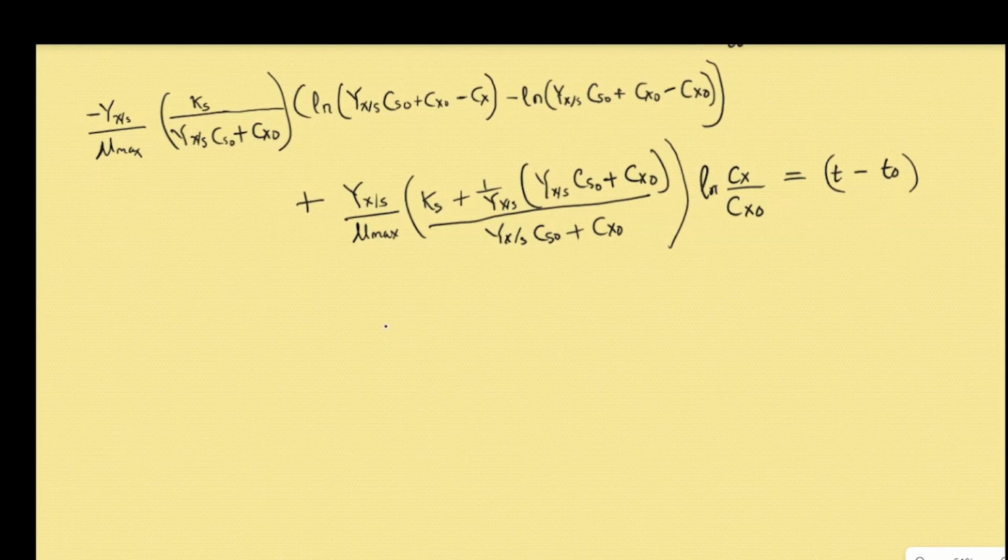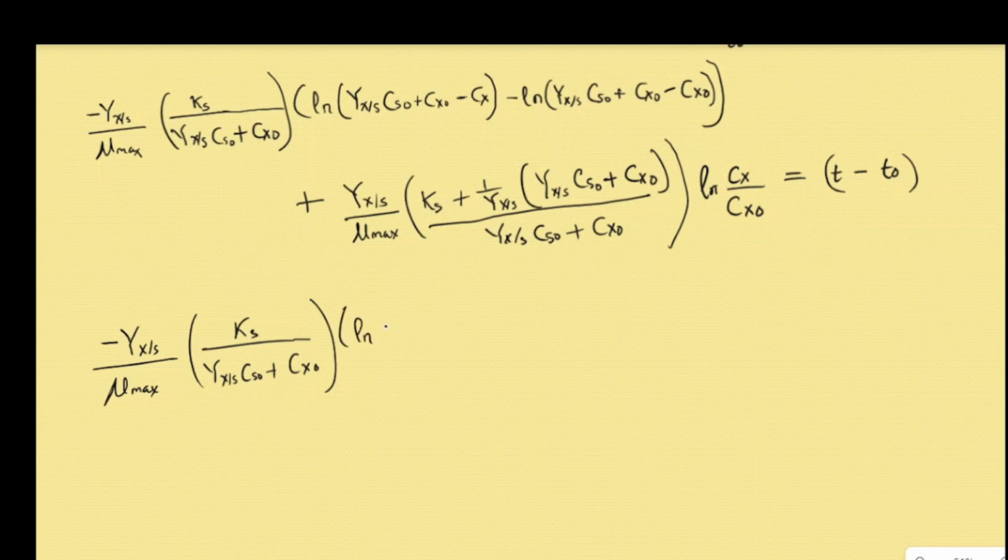So if we now label on this particular part, this is what we are going to get. We'll get minus Yx/s over mu max, then we have Ks over Yx/s Cs naught plus Cx naught. Then if we evaluate this particular place, because this is where the challenge is, but don't worry, we'll soon overcome that challenge.